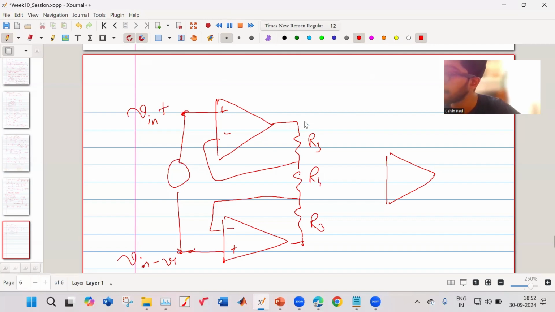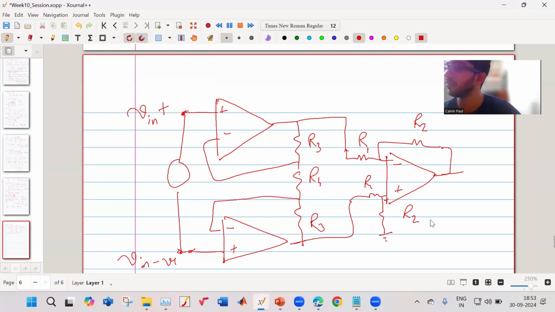Now, this will come over here. Sorry. There will be some resistors. So you will have certain resistors over here. Let us say this is your R1 and this is your R2.